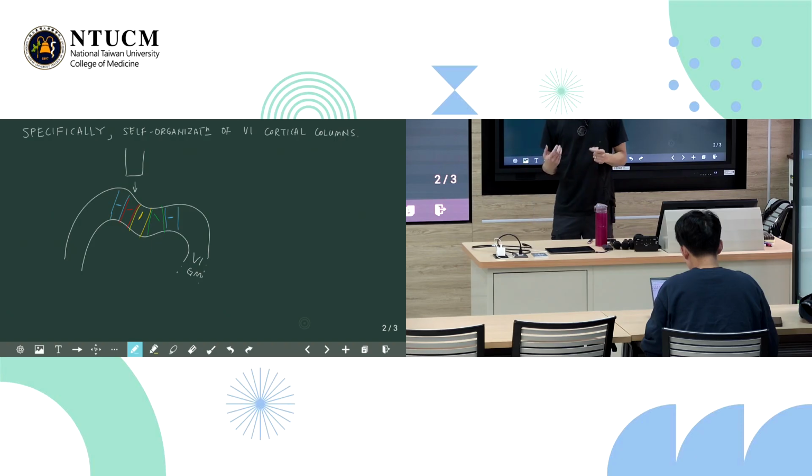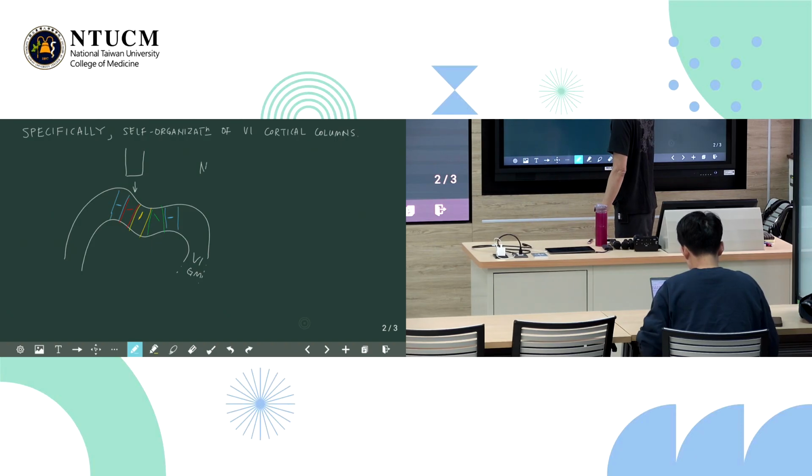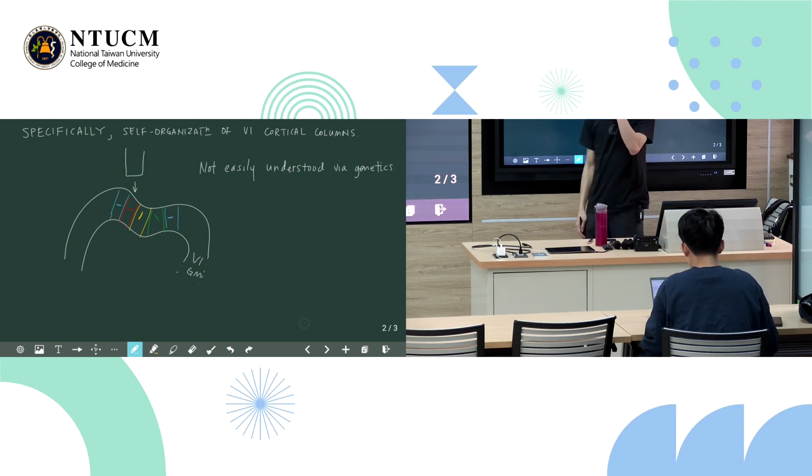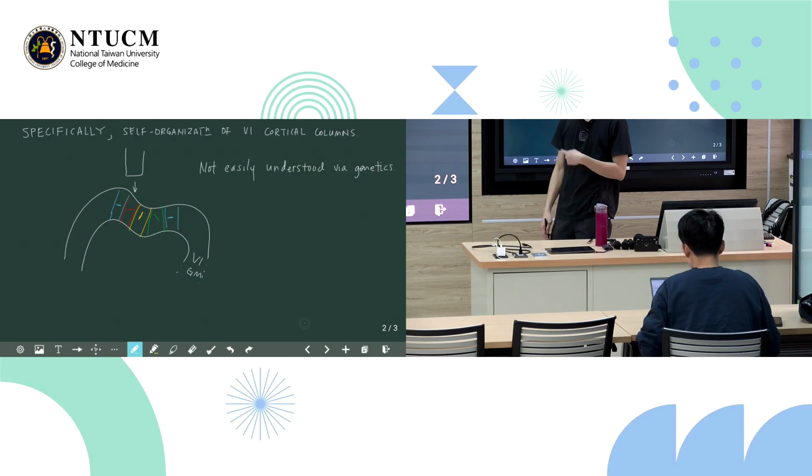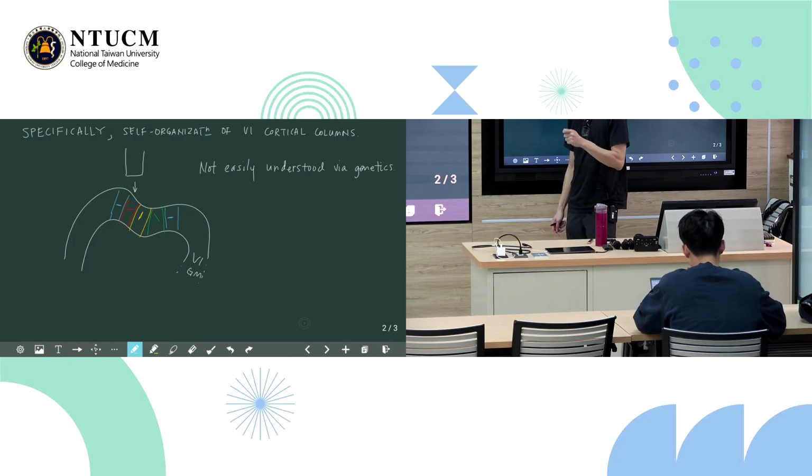Okay, so this is what we are trying to model. This is not determined. Nothing in your DNA is going to tell you that it's going to be like that. We have selectivity for whether you are going to differentiate into an astrocyte or a neural cell or a glial cell, right?